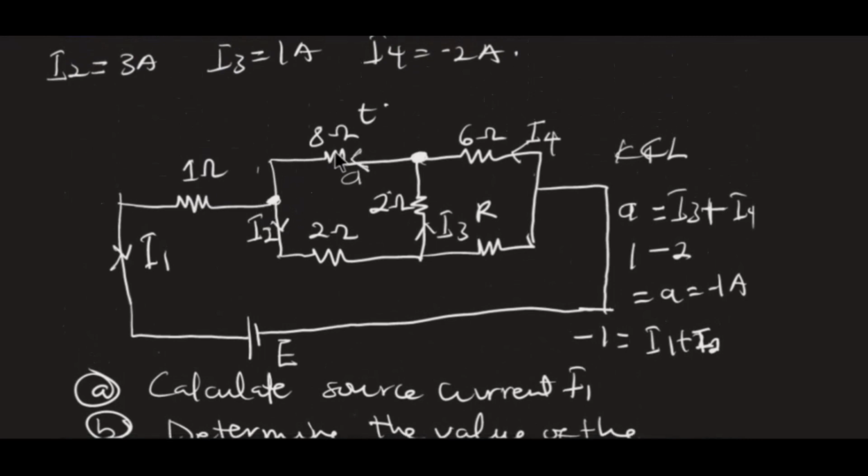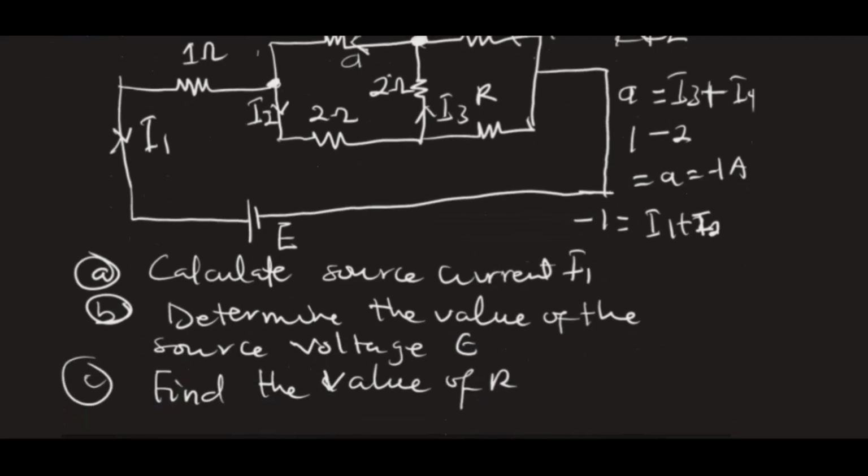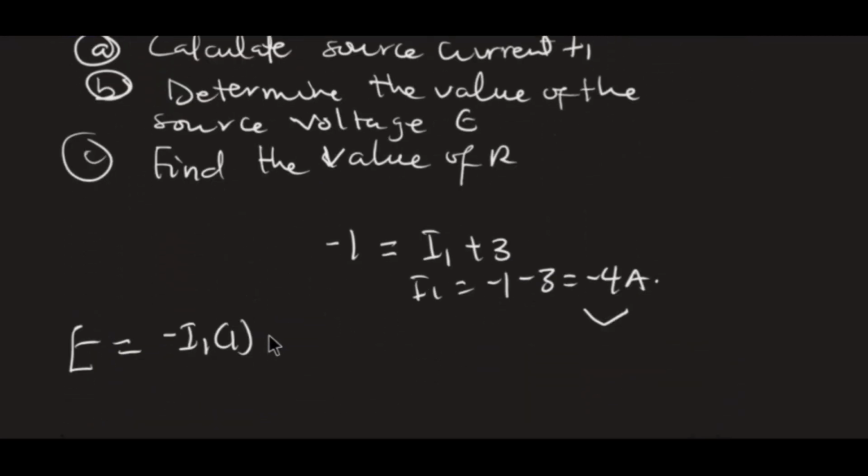Then I move up another direction here, which is against it, and that is the A. The A here was what I got, negative 1 amperes. So now I'm going to make it plus negative 1 amperes.